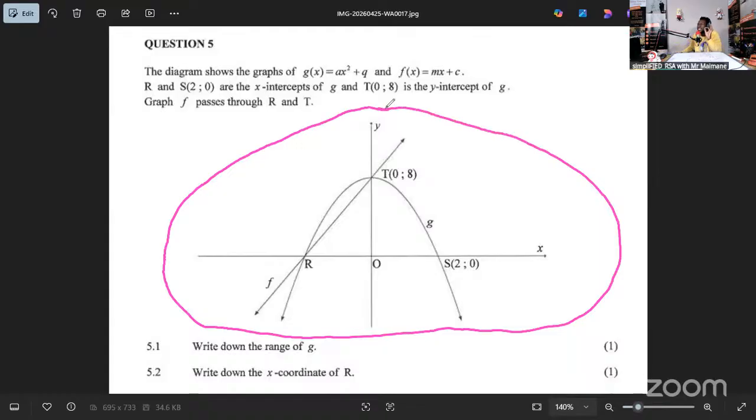So regardless of what the questions want, you must always make sure, before I attempt any question, let me give myself time to bond with the diagram. By bonding with the diagram, I mean to look through the diagram, try to pick up some things that you would say to yourself before you even answer the question.